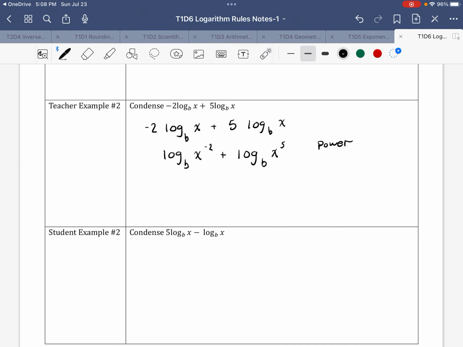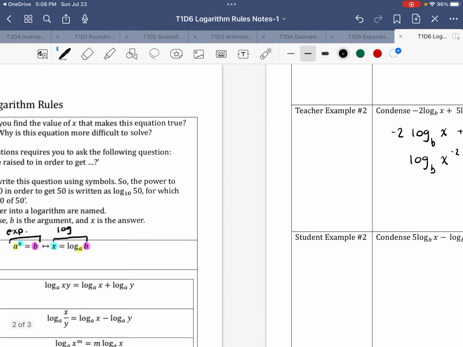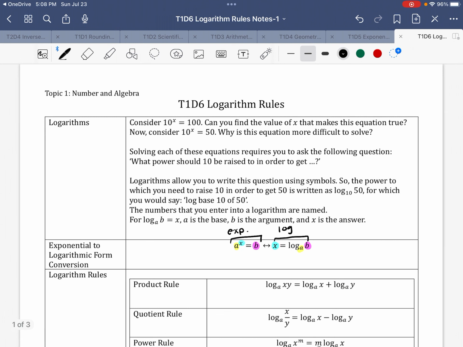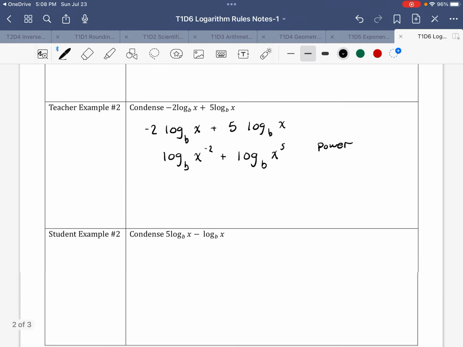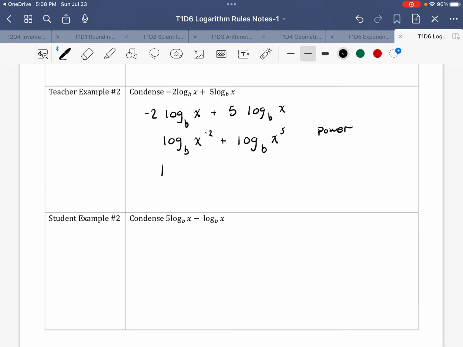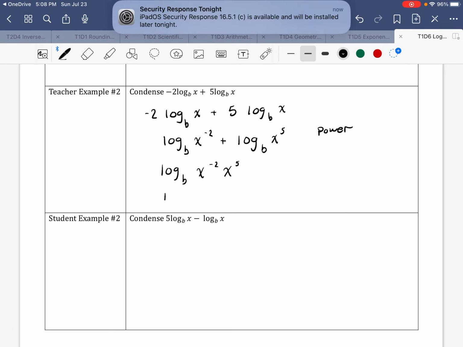Now since we are adding here, we know that we can use the product rule. When things are being added, the arguments are going to be multiplied. So that's what we're going to do next. Combine these: log base b of x to the negative second times x to the fifth power. And we can simplify that.